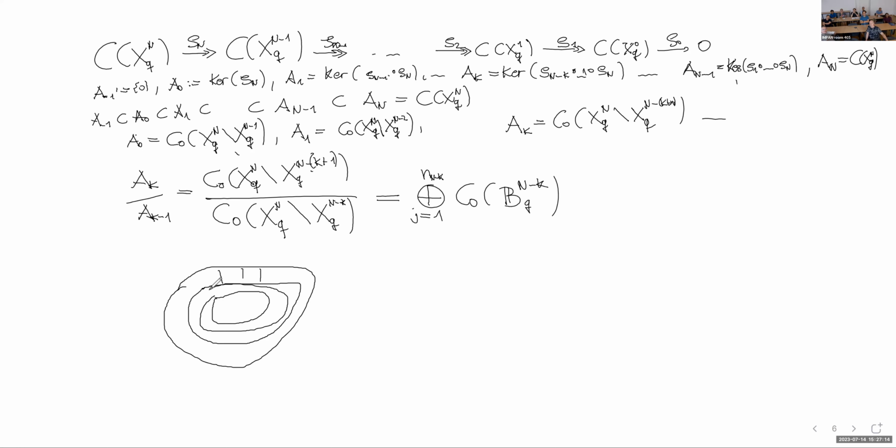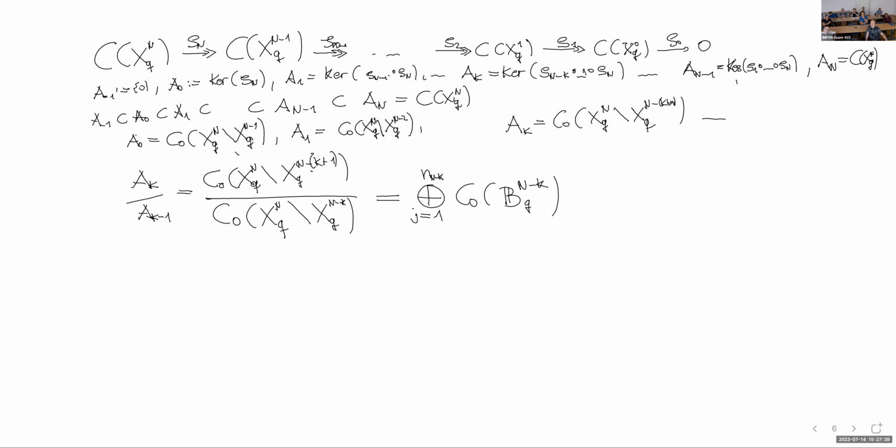And how many copies appear in the sum? This sum confuses me. This n, which is j equals 1 to this lowercase n. I don't see any j on the right hand side. No, these are all the same. It's the number of balls that I have glued.